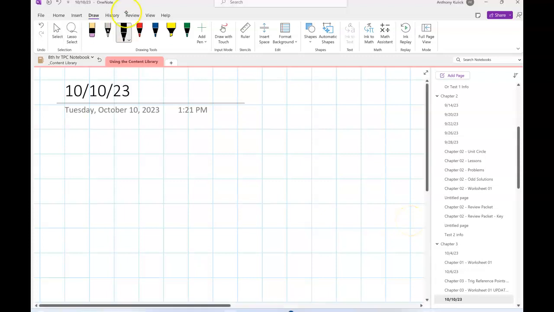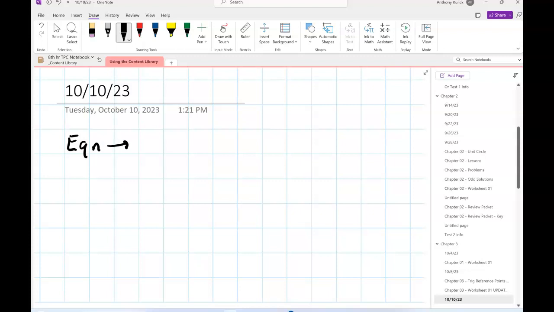What we did last time is we took a sine cosine equation and we turned that equation into a graph, right?